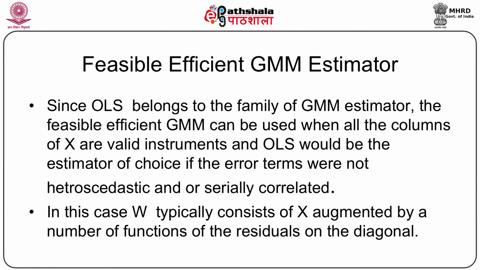Good morning everybody. In the last class we discussed the concept of feasible efficient GMM estimator. Now let us note that since the OLS estimator belongs to the family of GMM estimators, the feasible efficient GMM estimator can be used when all the columns of the explanatory variable x are valid instruments, and hence OLS would be the estimator of choice if the error terms were not heteroscedastic and/or serially correlated.